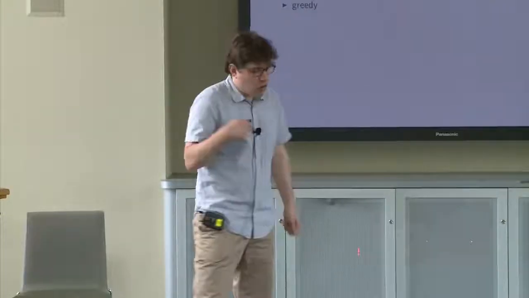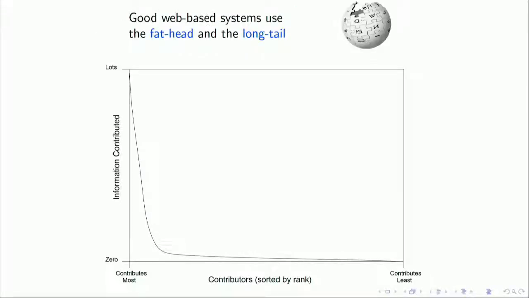The first general principle that we came up with is greediness. Let me explain a little bit more what I mean by that. This is a cartoon schematic of the amount of information contributed to Wikipedia. The x-axis is the contributors sorted by rank, and the y-axis is the amount of information contributed.